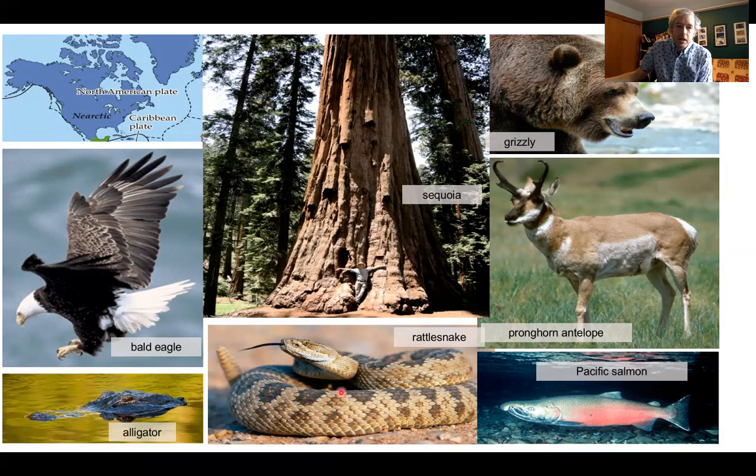So for example, rattlesnakes and pit vipers generally made it south, and so you do get a couple of species of rattlesnake in Central America, but nothing like the diversity that we have in North America. There are some alligators here and there in other places, but nothing like the diversity we have in the North American plate. We have antelopes in other places, we have salmon in other places, we have some species of bears, but these are characteristic of the North American plate.